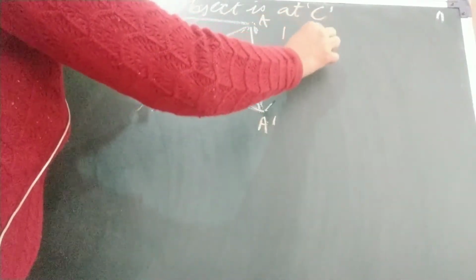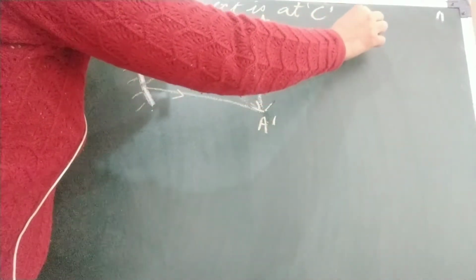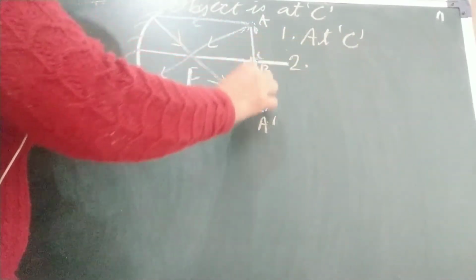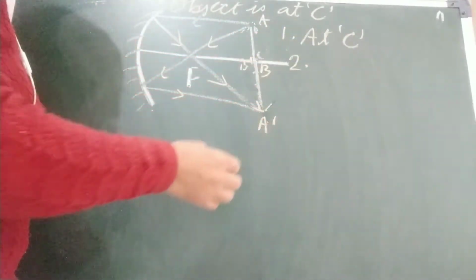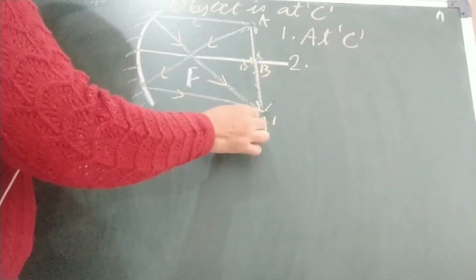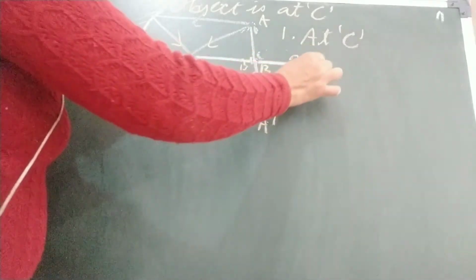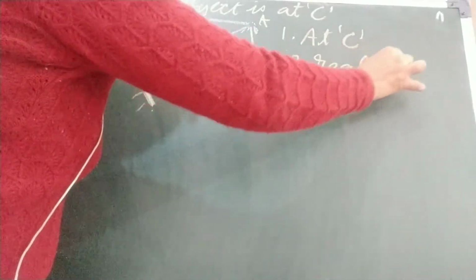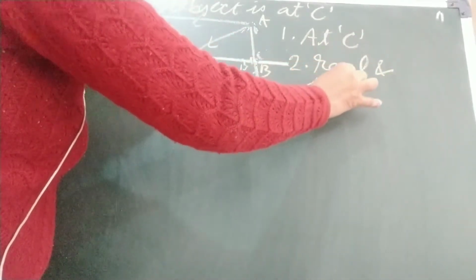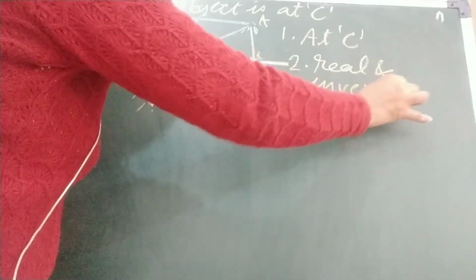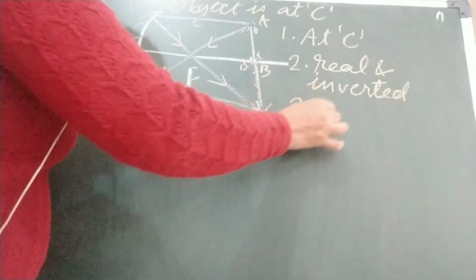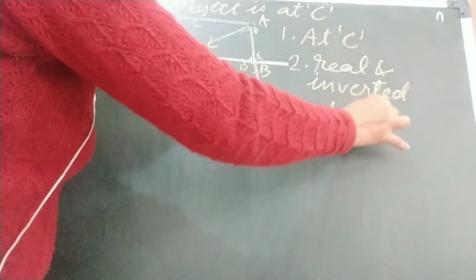At C. Three things I told you. Second, what is the nature? This is real and we can get it on the screen. That is why it is real. And you are seeing upside down, real and inverted. As I told you, real image is always inverted. Third thing is, what is the size? Same size.